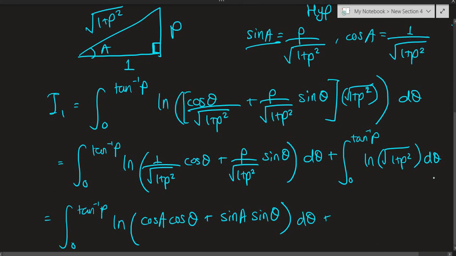So we can just bring that out of the integral because it's a constant. So we have the natural log of square root of 1 plus P squared and the integral from 0 to inverse tangent of P with the d theta associated with it.